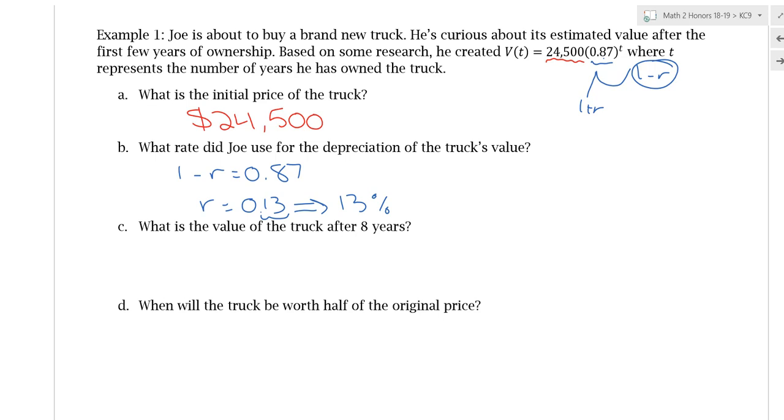What is the value of the truck after 8 years? So this is something we looked at in 9.7, so again, just kind of a review here. I'm going to do V of 8.